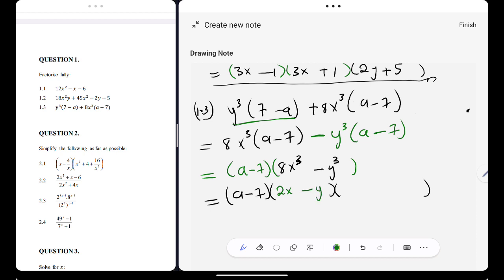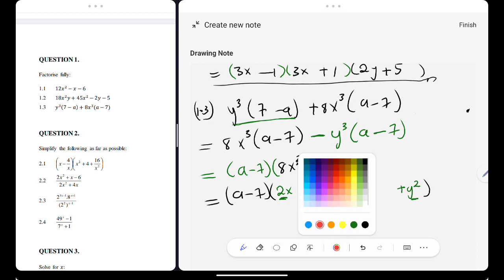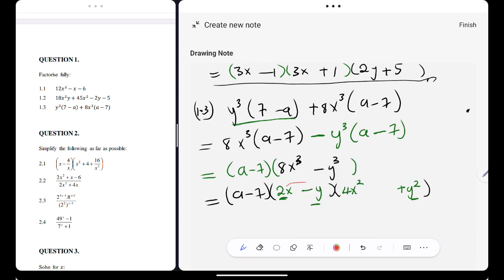Are you together? And then for me to find these three terms that will appear here, the first thing that I must do is to square this guy here. What will I get? I'll get 4x squared. For me to find the last term, I just need to square this guy here. What will I find? A plus y squared. And then for the middle term, I just need to multiply these two and then change the sign.